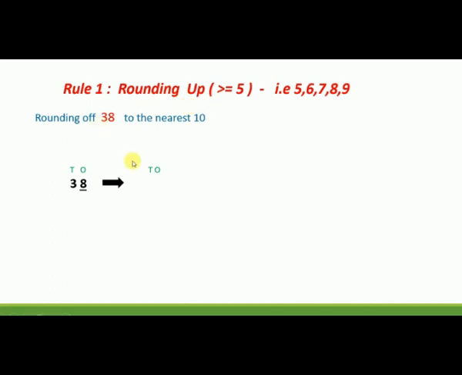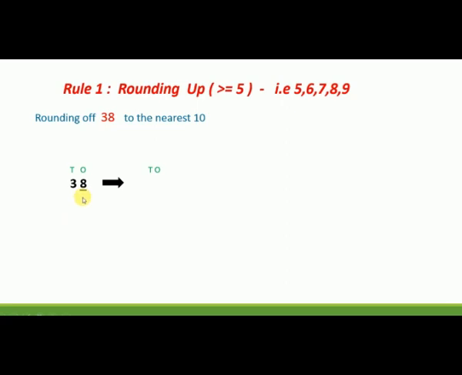Okay, now we will take one example. Here we have the number 38. Now we are going to find the nearest 10 for 38. See that the given number has 3 tens and 8 in the ones place.